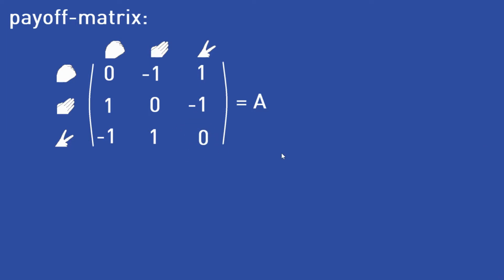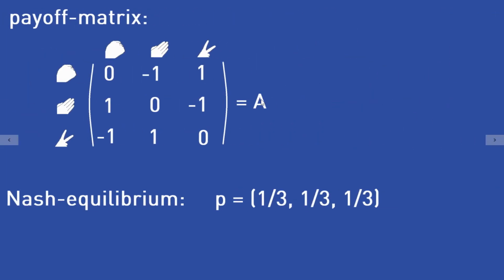With the help of this matrix here, you can calculate the so-called Nash equilibrium. The Nash equilibrium is a probability vector and defined as the best strategy against itself when it comes to the expected payoff. And in this case here, the Nash strategy is P equals 1/3, 1/3, 1/3.